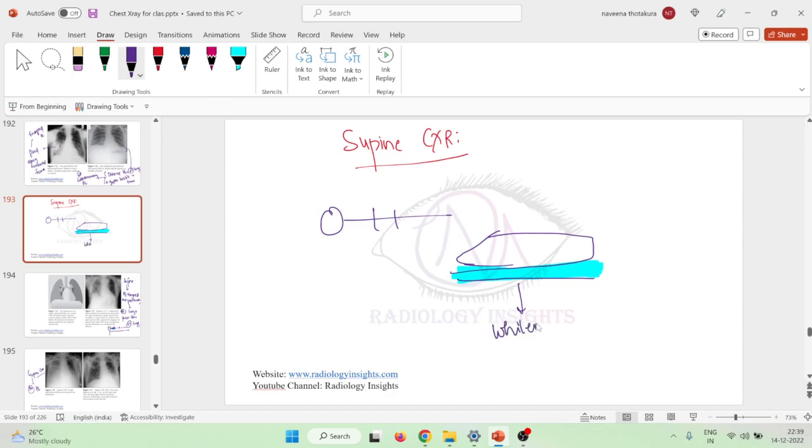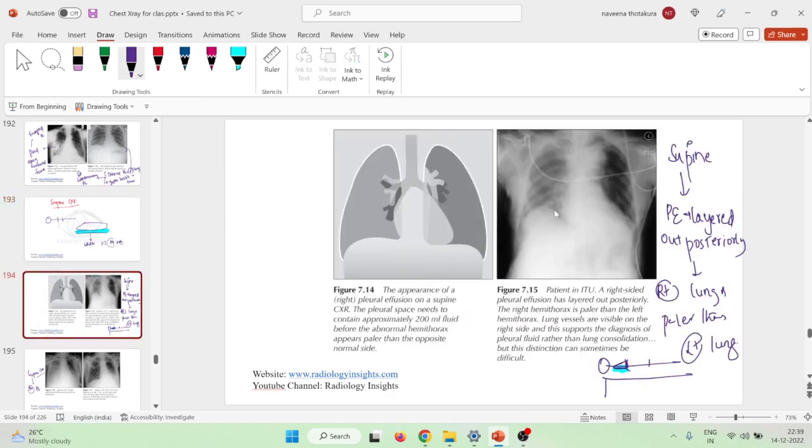So that is what happens. Whenever the patient is sleeping, the pleural effusion or fluid is layered out posteriorly. So this right lung will look paler than the left lung.